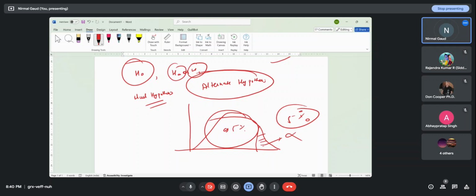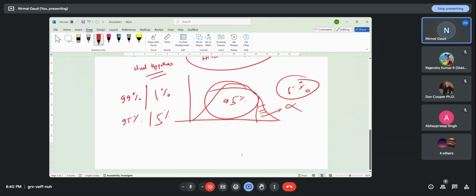There are some standards: 95% and 99%. So 99% confident means 1% significance. 95% confidence means 5% significance. This is how we give the values.